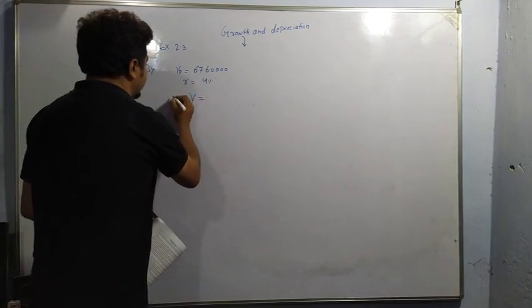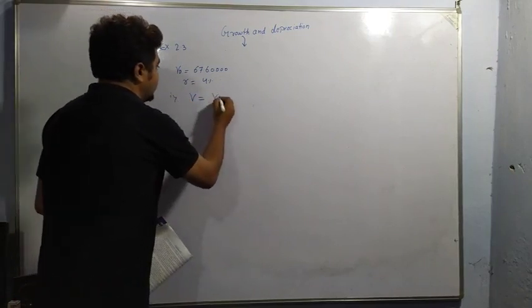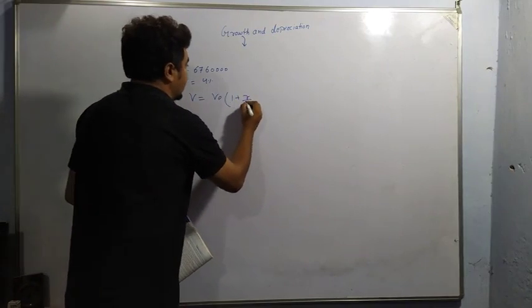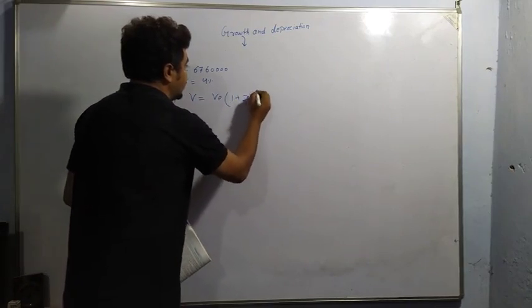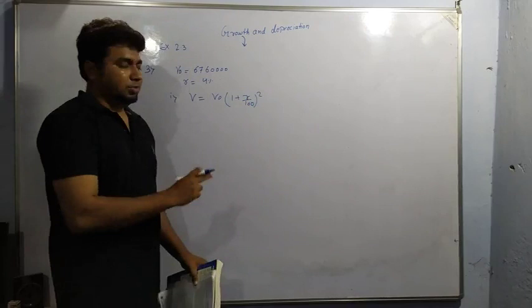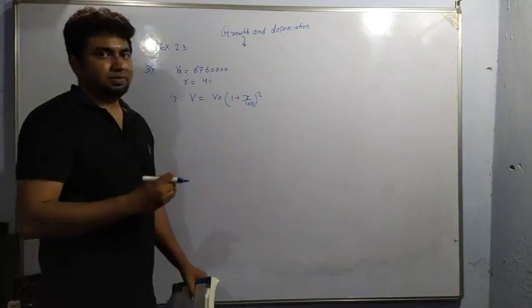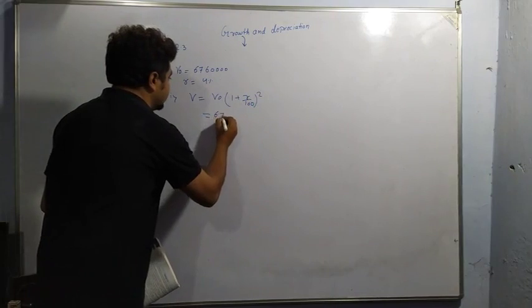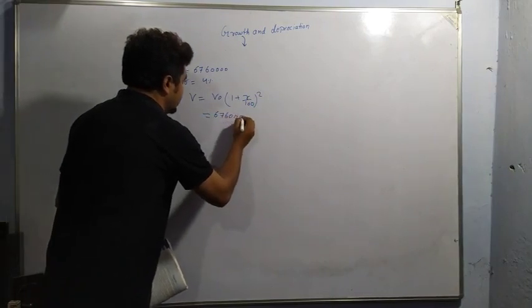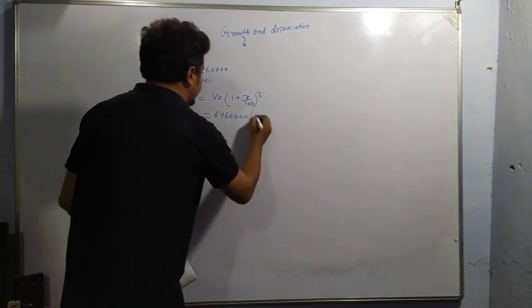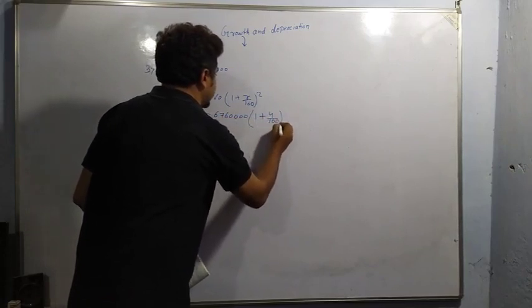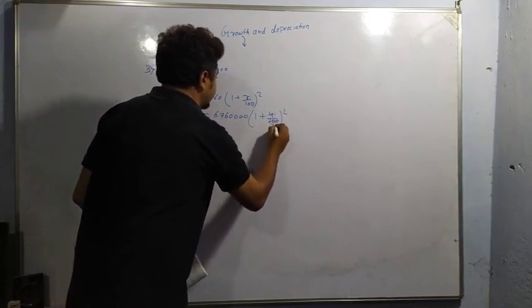V is equal to V naught, meaning amount, into 1 plus R by 100. Why am I using 1 plus R by 100? Because of the plus sign, because growth will be there, the population will be increasing. So 676 and 4 zeros, 1 plus R is 4 by 100. This is 25.